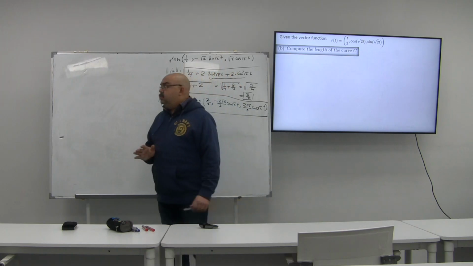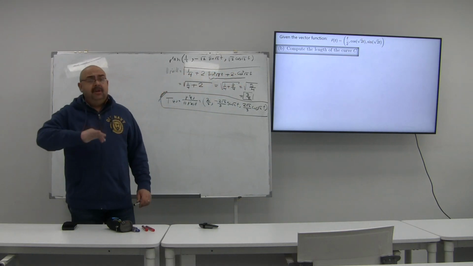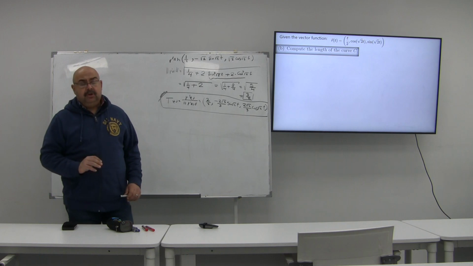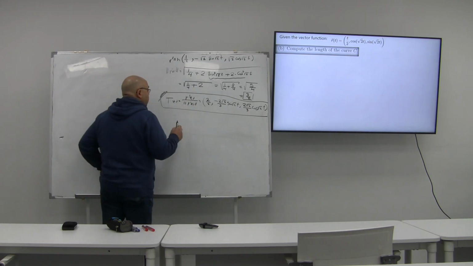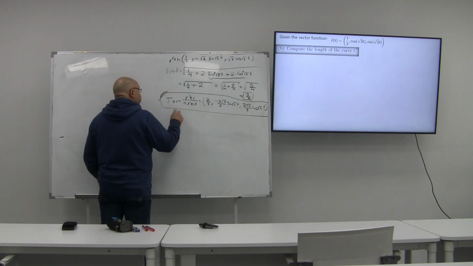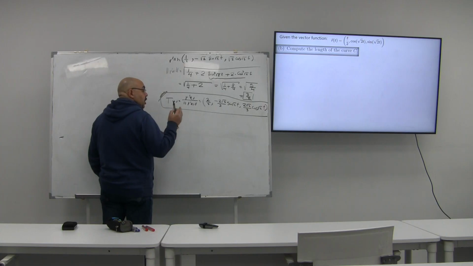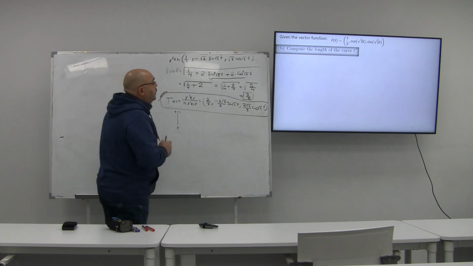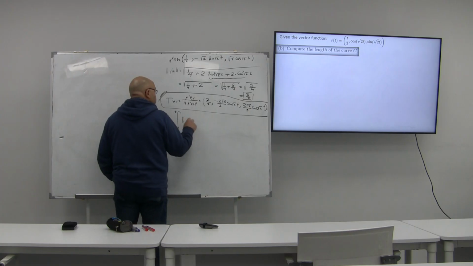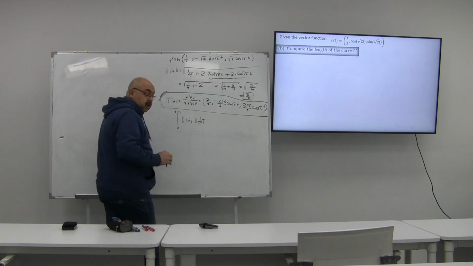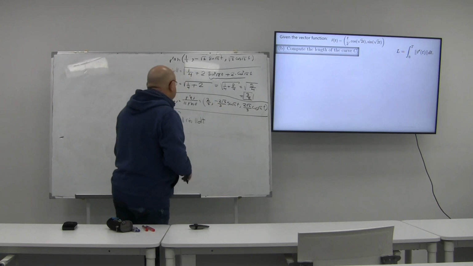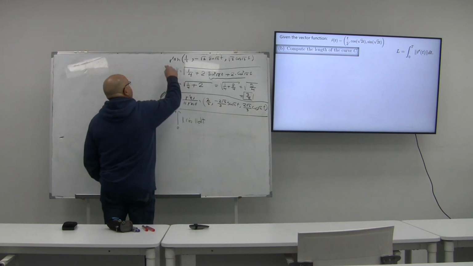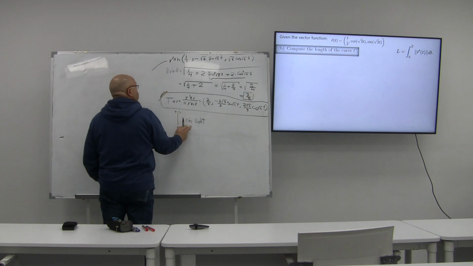I would usually prefer to get the arc length function, then start substituting in it. If you want the arc length function, remember, it's simply an integration from 0 up to t of the magnitude of r dash of t with respect to dt. This is the law that we will use. Okay, simple. I will take the magnitude of r dash of t.